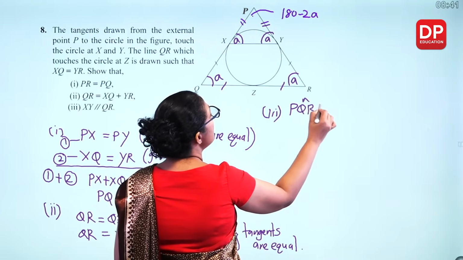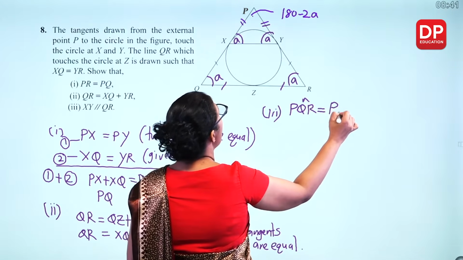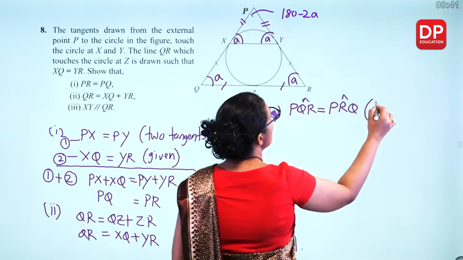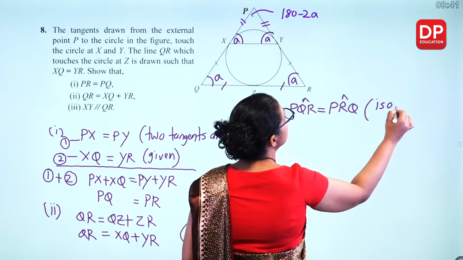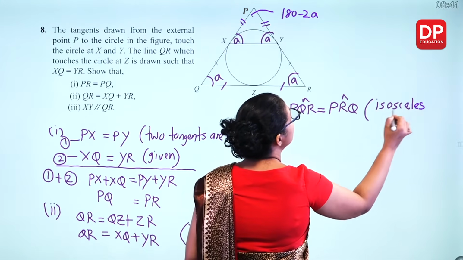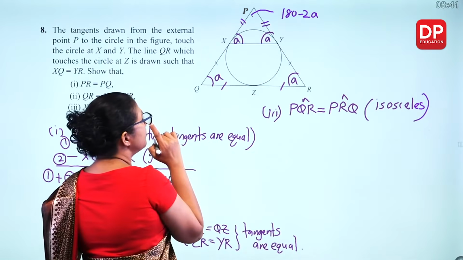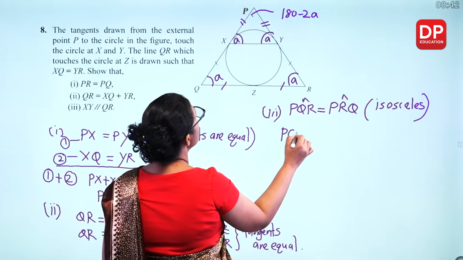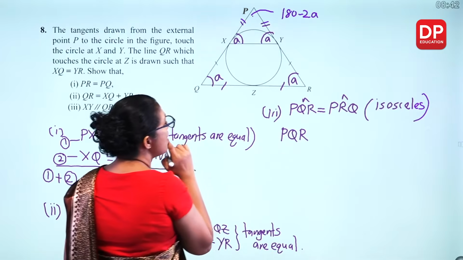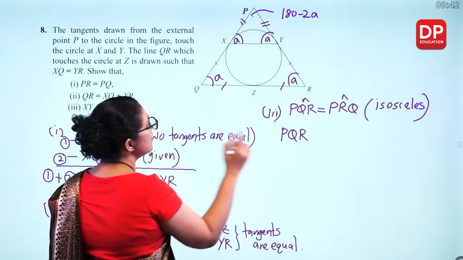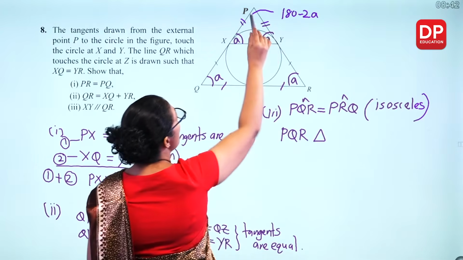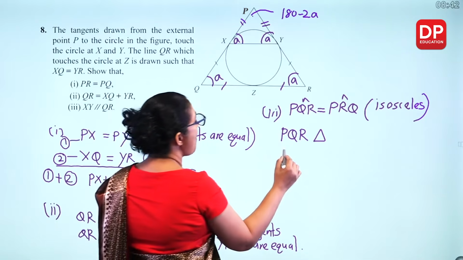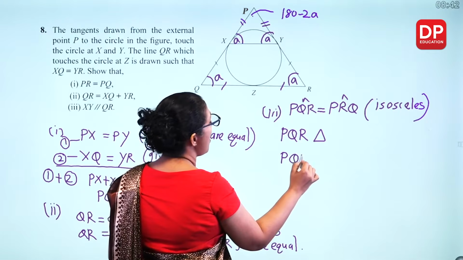PQR angle is equal to PRQ angle. These two angles are equal because isosceles. Then we can write down, when you compare PQR triangle, the common angle is 180 minus 2A. So what is PQR angle?